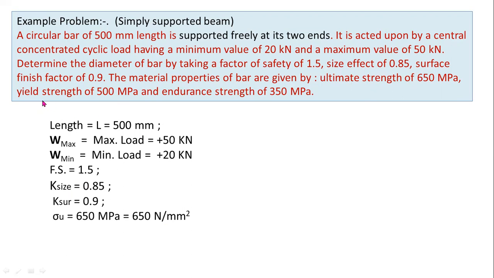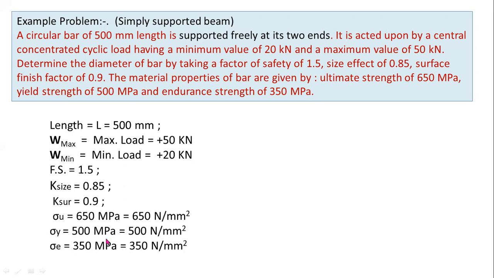Sigma y is the yield strength or yield stress equal to 500 megapascal equal to 500 Newton per mm square. Sigma e is the endurance limit or endurance strength equal to 350 megapascal equal to 350 Newton per mm square. These all are the given values.